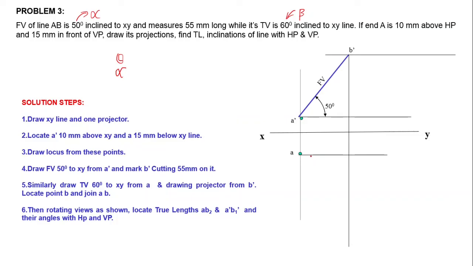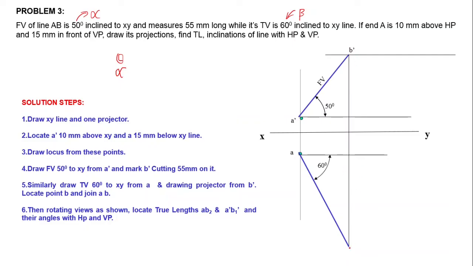Then we can mark that straight line in which the top view can lie, which is inclined 60 degree with XY line. Then automatically this point will become B. We can find out that point by drawing this line and drawing this projection line which is passing through B dash.